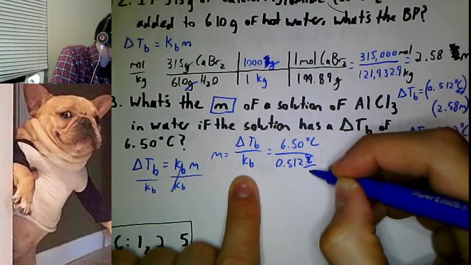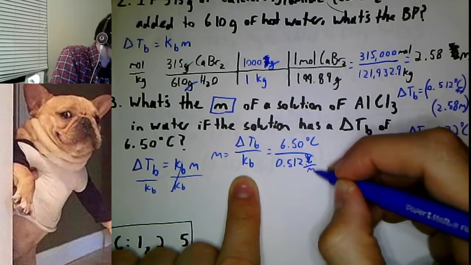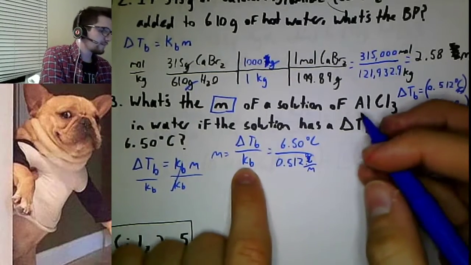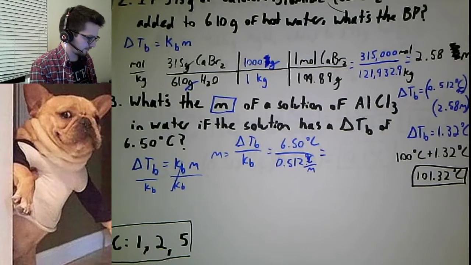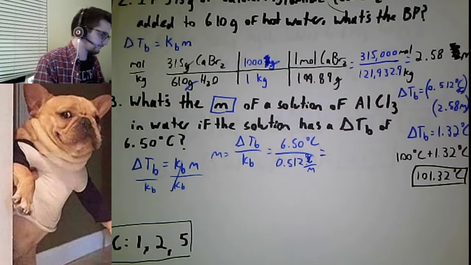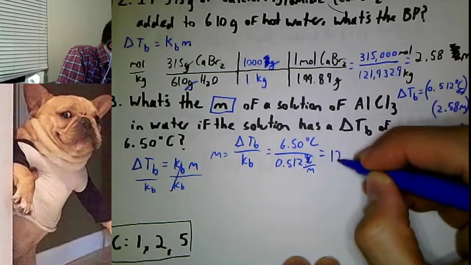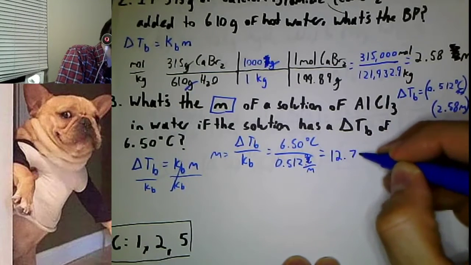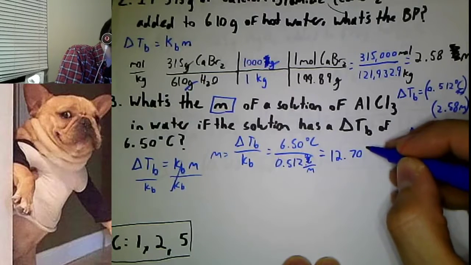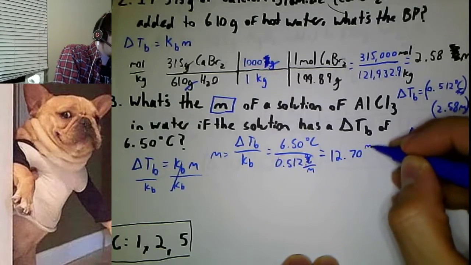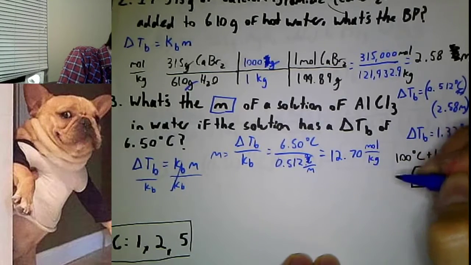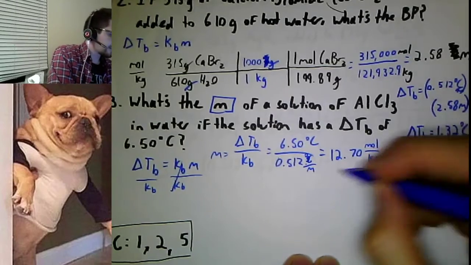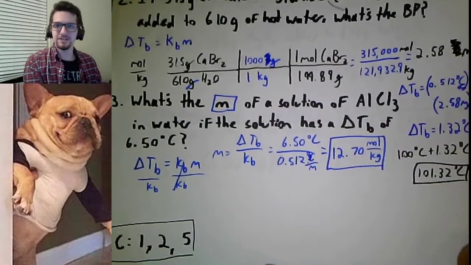I misread my own heading. So when I simplify this, 6.50 divided by 0.512, I end up with 12.70 moles per kilogram. And there's my answer. All I had to do was plug the numbers into my equation.